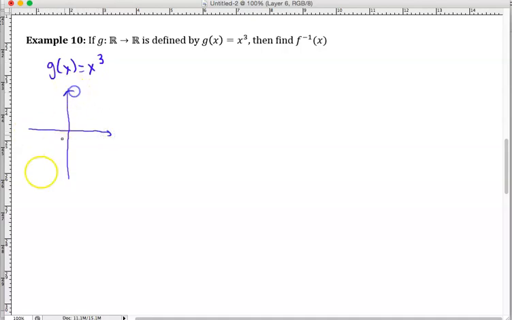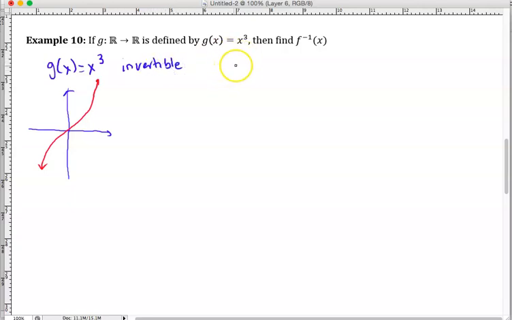And if I think of what the x cubed function looks like on the real numbers, it's like this. Okay, so you can see that it's 1 to 1. So it's an injection. It's also onto because it uses all the real numbers as its images. Okay, so the range equals the codomain. So this is invertible.